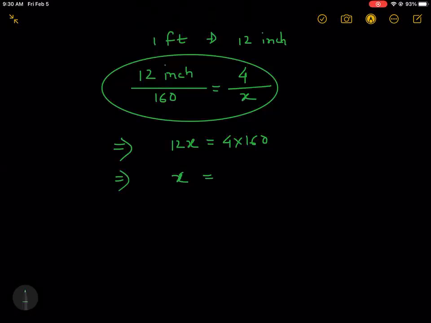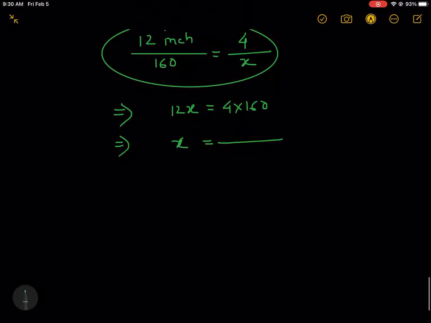If I divide both sides by 12, I'll have 160 over 12, and 4 goes 3 times into 12, so 160 over 3. I don't think 3 goes into 160, so it will have a fraction. Let me use my calculator. 160 over 3, yeah, it's 53.33. So 53.33 ounces.